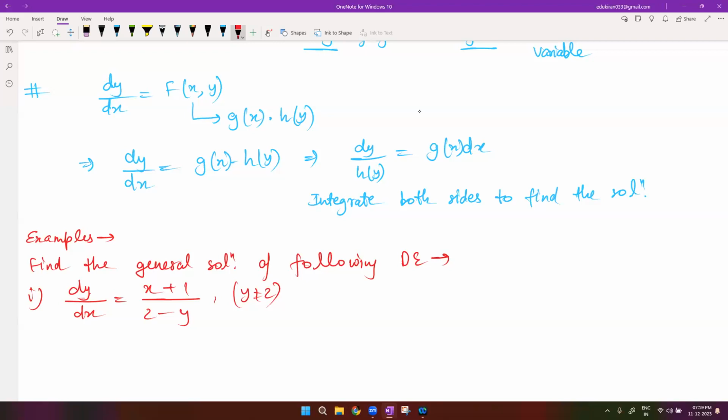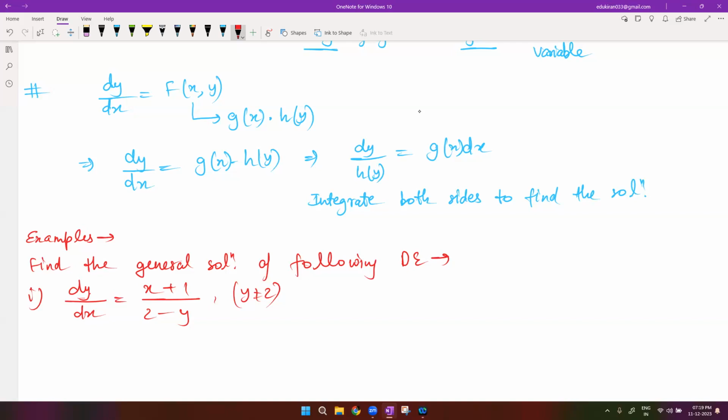Is this variable separable? In every question that we solve from this point up to the last question of differential equations, I'll be asking you this question. In every question, I'll ask this. Remember this. You have to identify, because if you're able to identify the differential equation, half of the job is done.